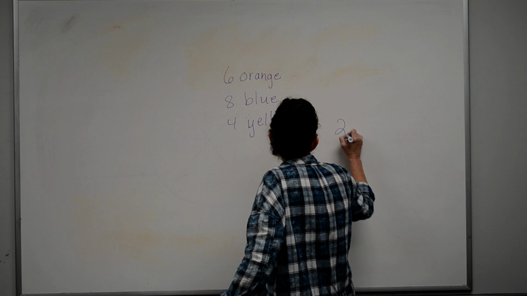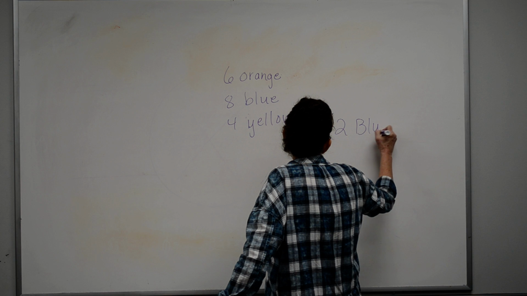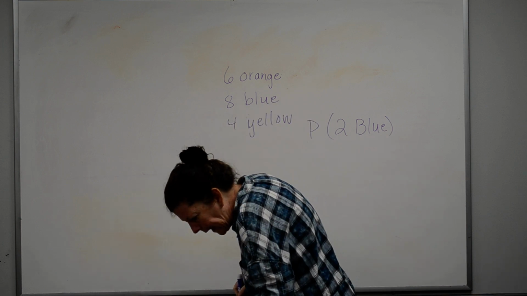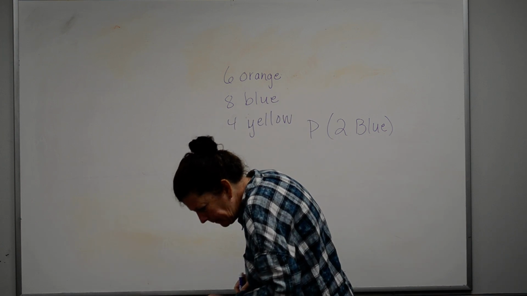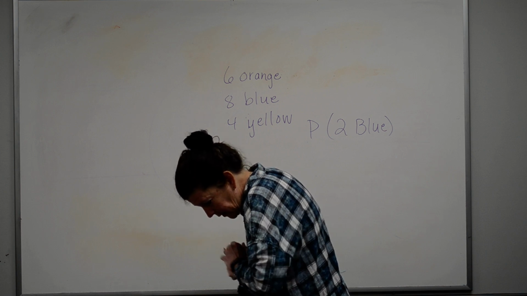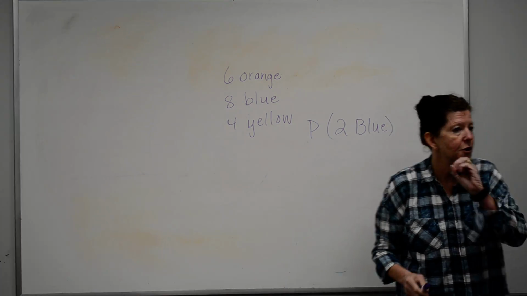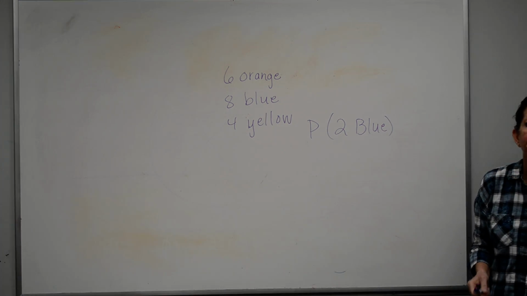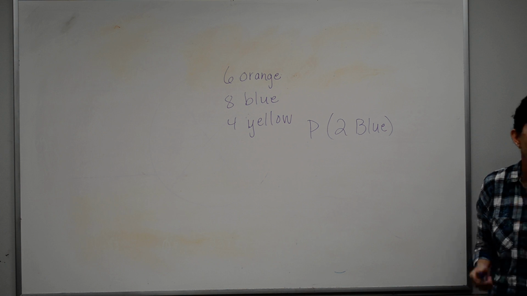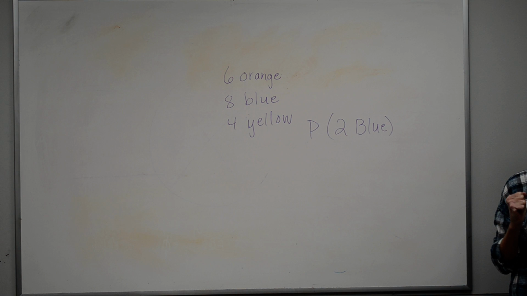Okay, I want 2 blue, the probability of 2 blue marbles. Okay? If it's drawn first and then replaced before the second one's drawn. Okay, so you're going to draw a marble, then you're going to put it back in the bag, and then you're going to draw another marble. So what is the probability that you draw a blue marble, and then you turn around and you draw a blue marble the second time?